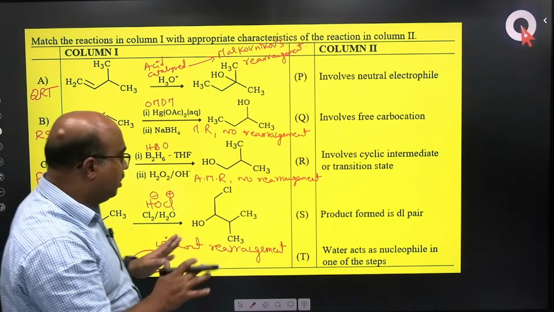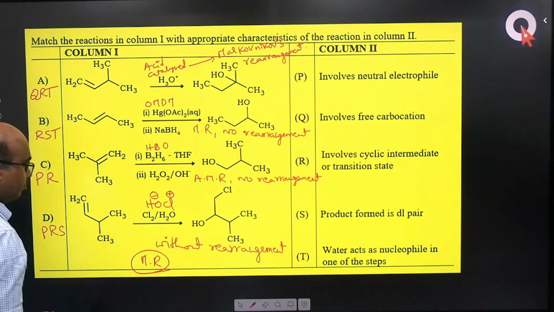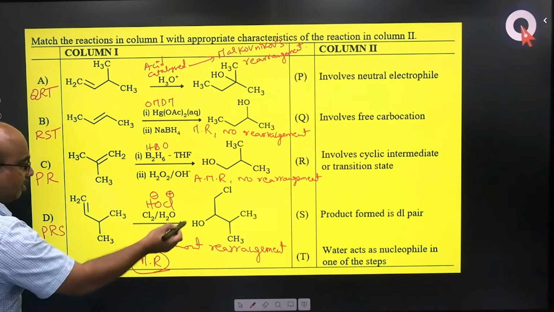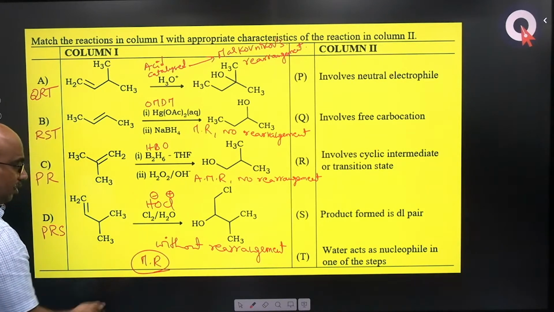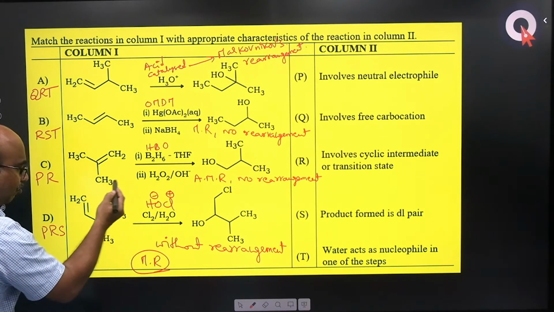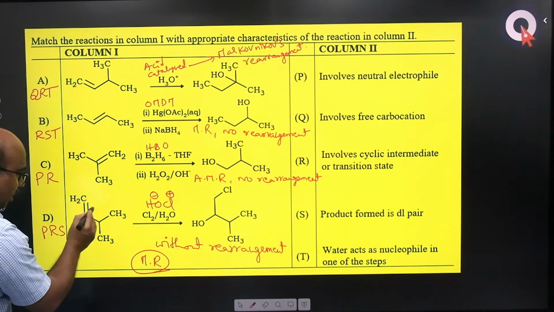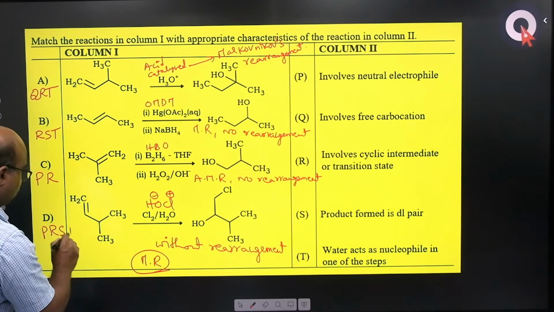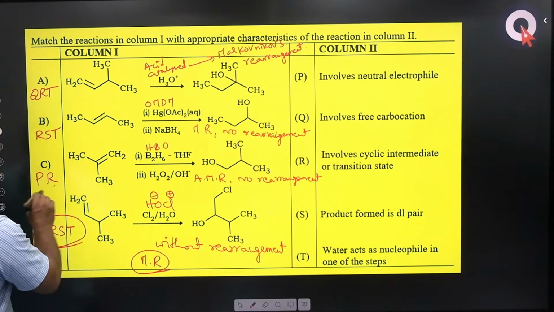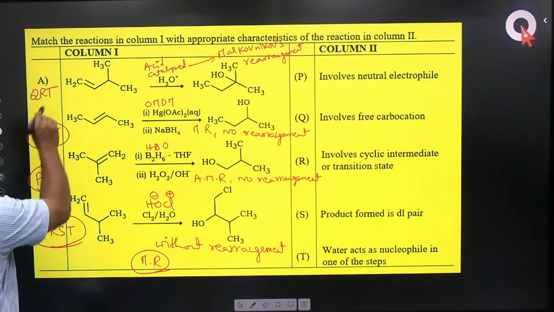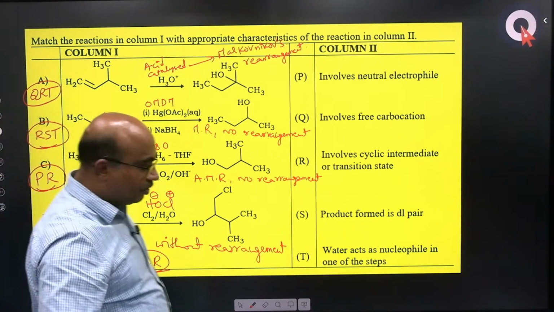So we say generally the HOCl addition. So OH and Cl are effectively added here. So water is acting as a nucleophile at this cyclic carbocation when it is formed. So that is T also exists. Clear? So these are the things for the particular process.